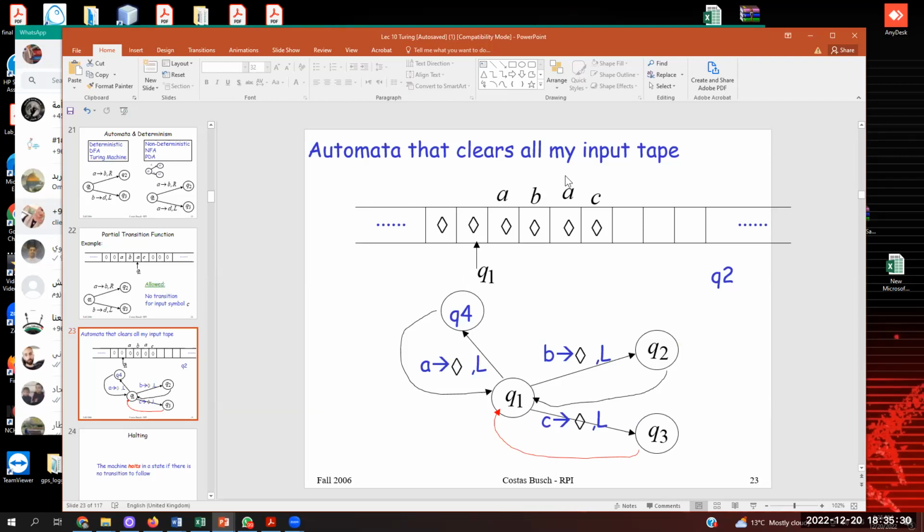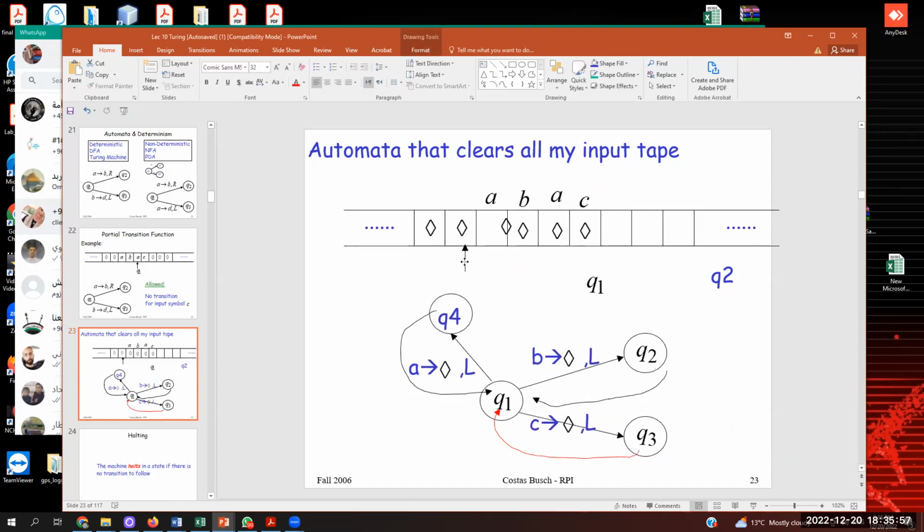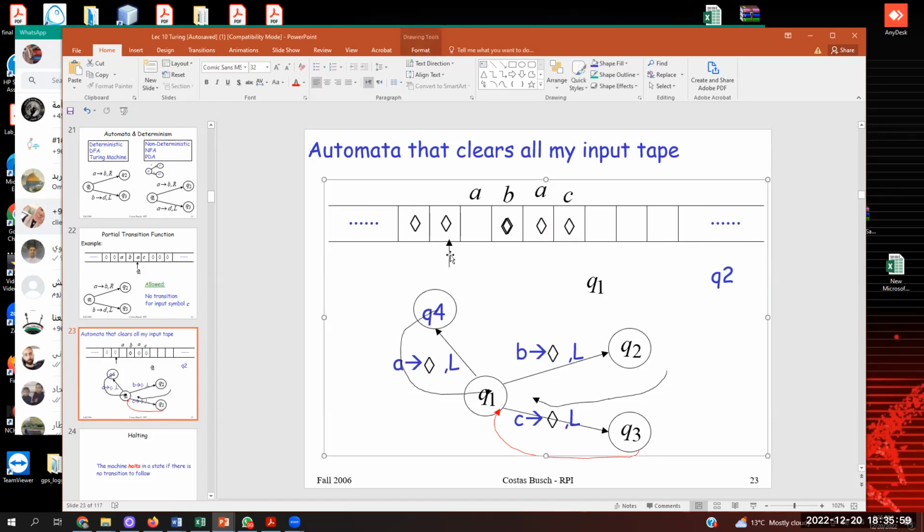This is an automata that clears the input. So if I have A, B, A, C, this is what we'll say. If I am at Q1, at the beginning, if I have a C, I replace it with a lambda, with a blank, and then I move to the left.